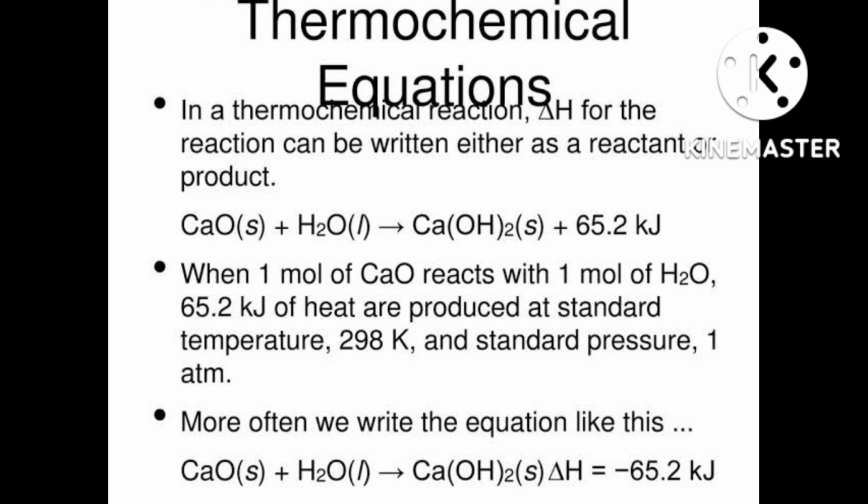Now, the balanced equation that I discussed was the balanced equation.